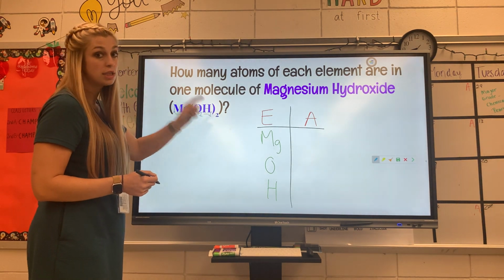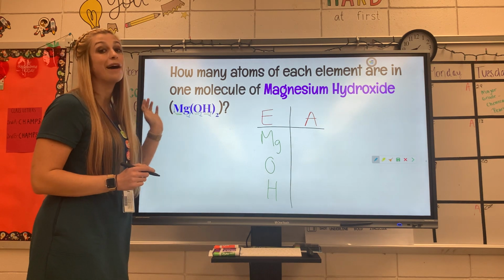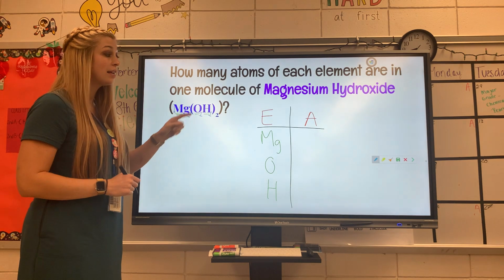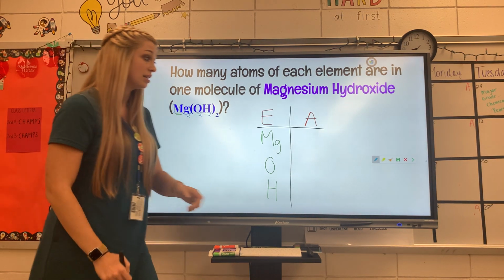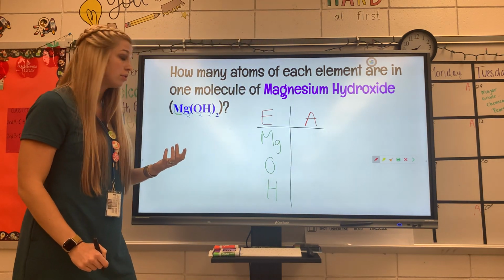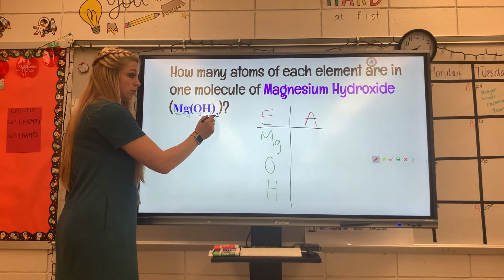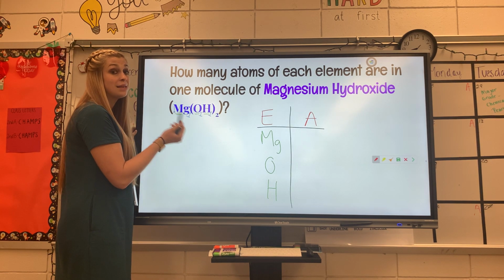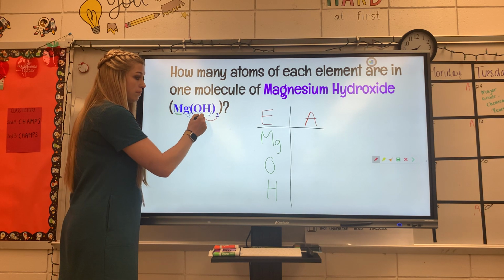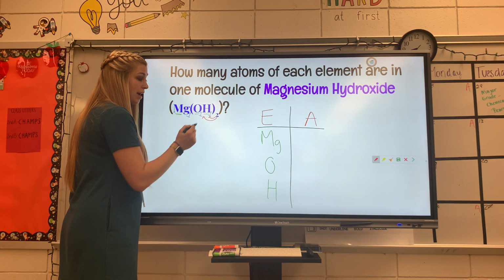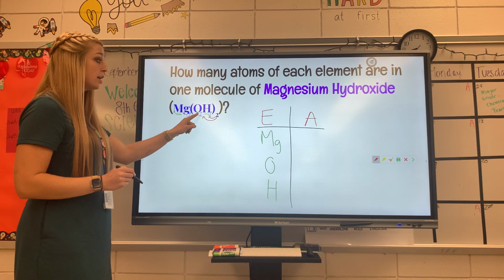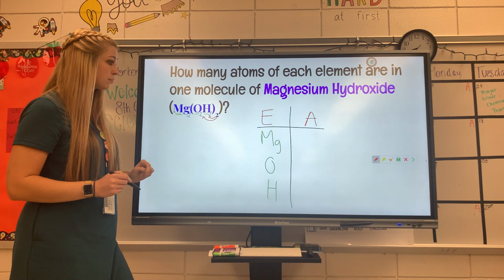This 2, this little guy, the subscript 2, is outside of the parentheses. So it belongs to O and H. We have to do something fancy. Y'all done this in math class. You have to distribute. So this 2 doesn't belong to Mg because Mg is outside of the parentheses. It belongs to O and it belongs to H. So you have to distribute, or you have to multiply each of these numbers by 2.